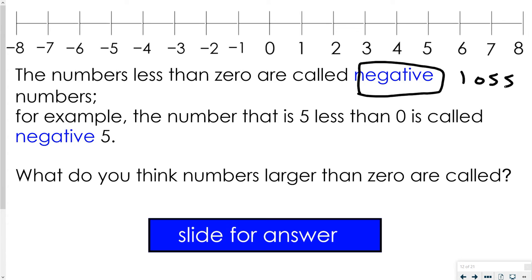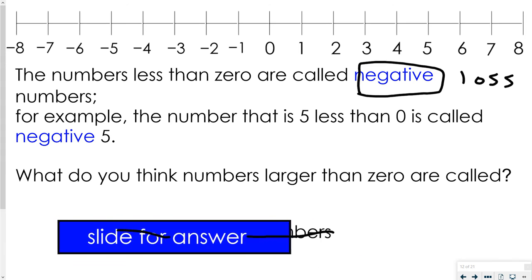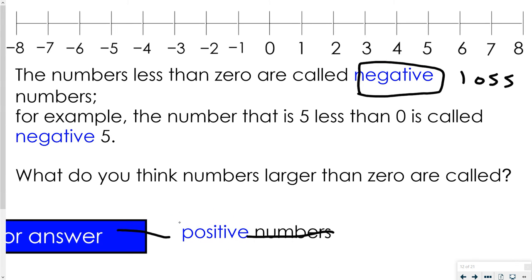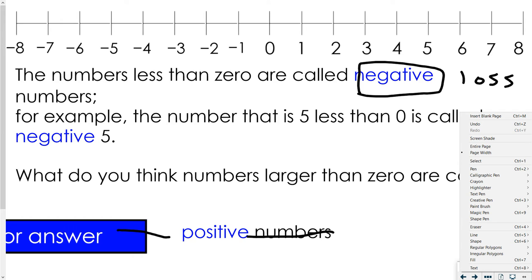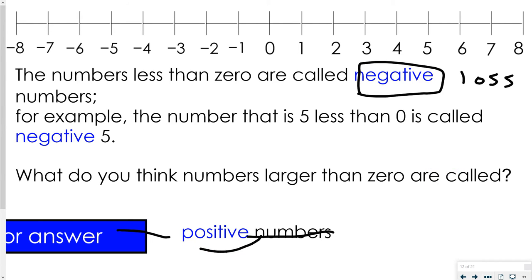So a number that is 5 less than 0 is called negative 5. What do you think numbers larger than 0 are going to be? Well, we've sort of given it away with our gains and losses symbols. Sorry, guys. So, when we're talking about gains, we use the word positive. Okay?